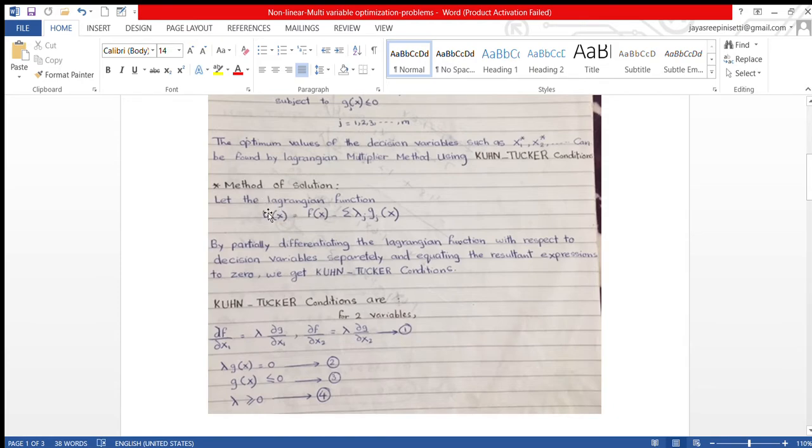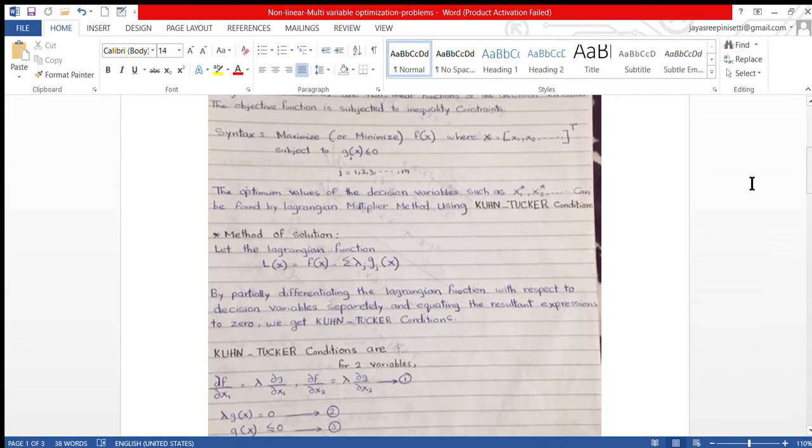Method of solution. You actually have two functions. One is f of x, the main function, which is the optimization or objective function. Another one is the condition function, g of x.